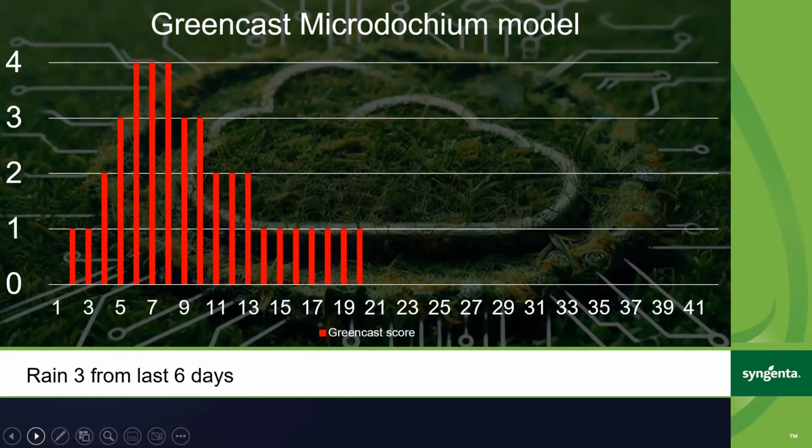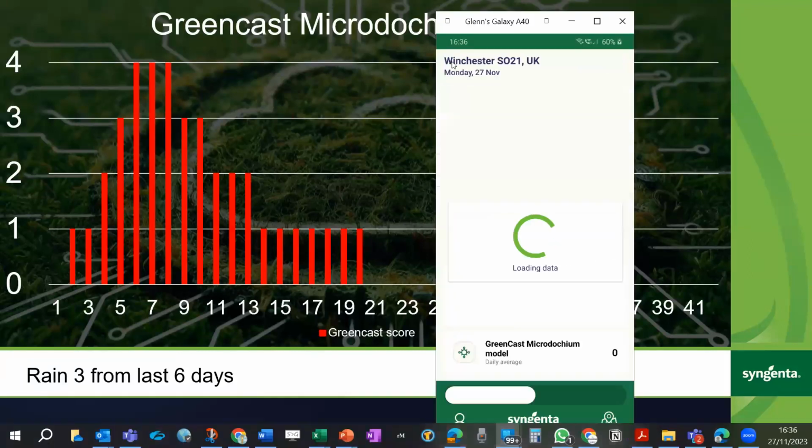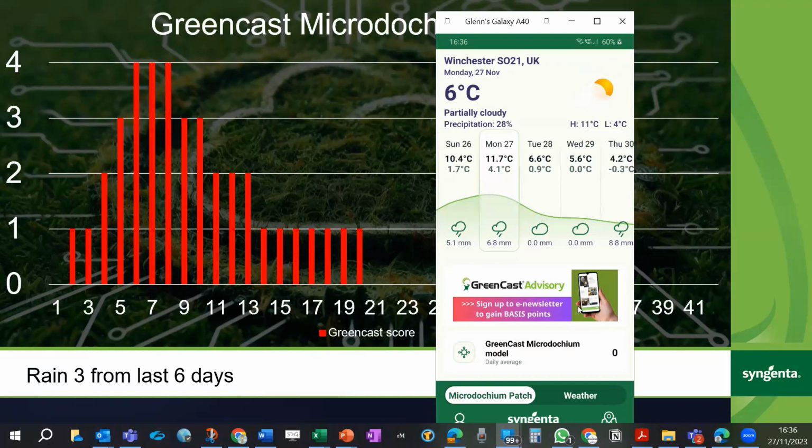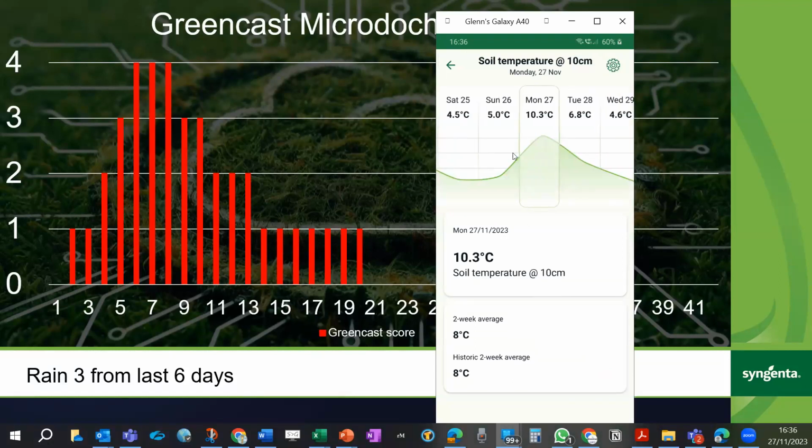It is not perfect, but that is exactly why this is such an important app, because I'm not really looking at the Greencast Microdochium model to steer me on whether I'm going to get that spike in disease. I'm looking at things like soil temperature. Whilst we are cold, if you look at the soil temperature through last week, we had soil temperatures up around 10 degrees, which is going to be really, really good for disease to get going.